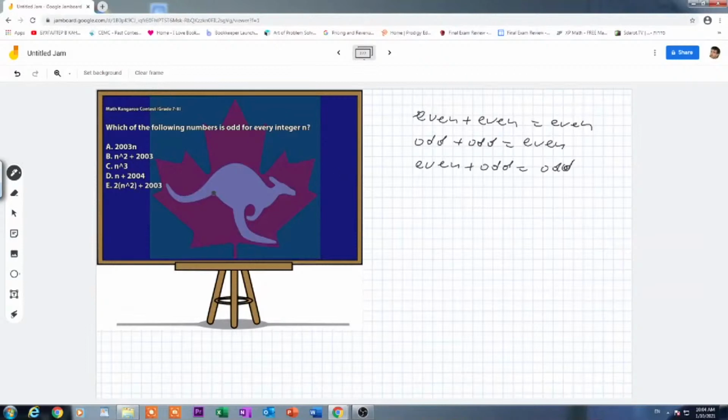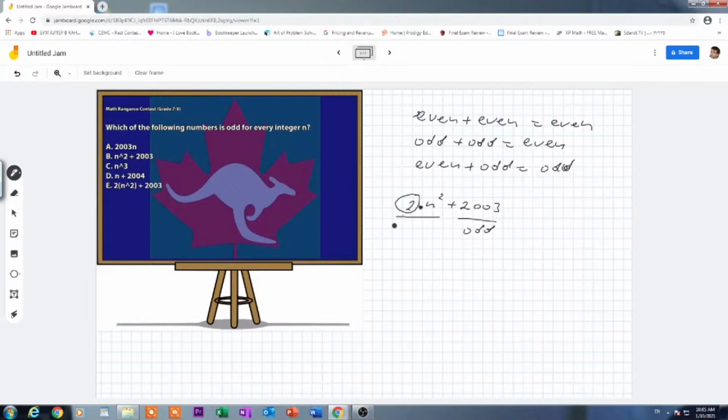Okay, so let's see E, right? So 2 times n squared plus 2003, right? So we have odd number, and this term always going to be even. Why? Because we multiply it by 2.